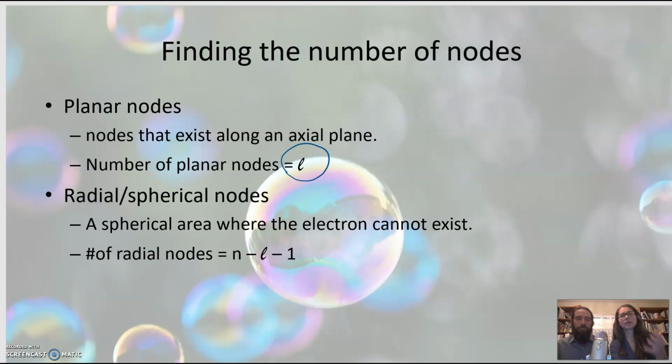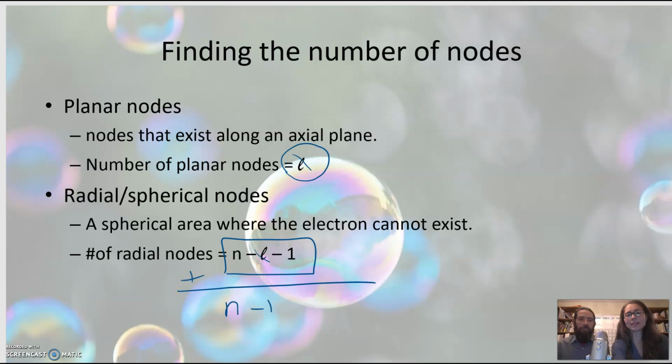If you think of a sphere, you're not going to be able to cut it in half with a piece of paper. So the planar nodes equal L, and the radial or spherical nodes are n minus L minus 1. So the total nodes, if you added these together, the L and the minus L cancel, and your total nodes is n minus 1.